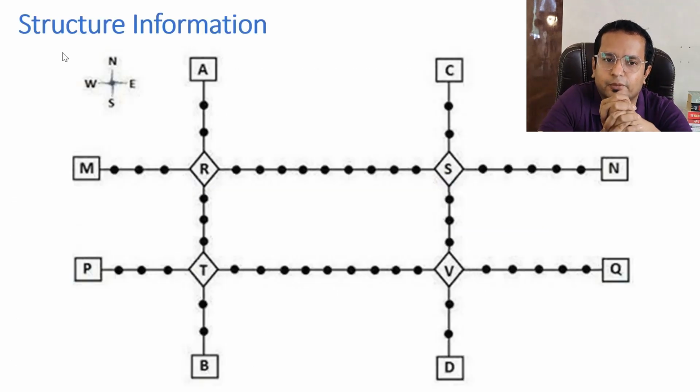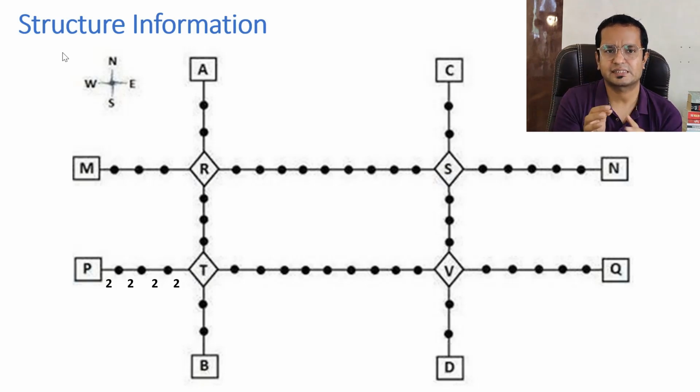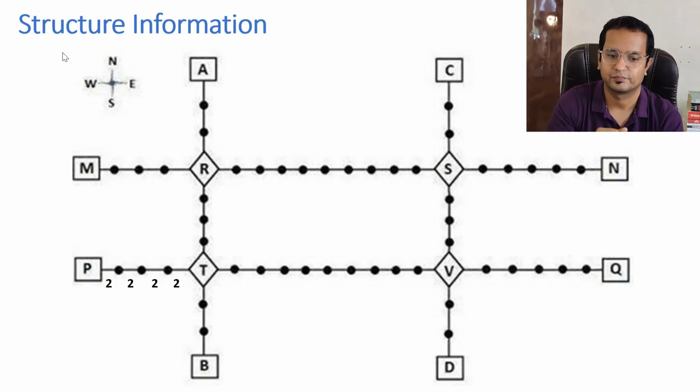Next, structuring information. Once you have done this categorization, you start listing down the numeric information which is required to get the set started. Let's see. The first thing I have written here is the 2 minutes to travel from one station to the other in case of east to west.